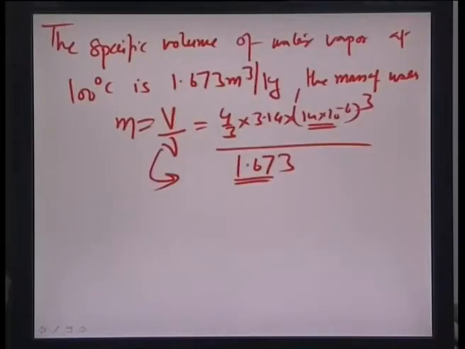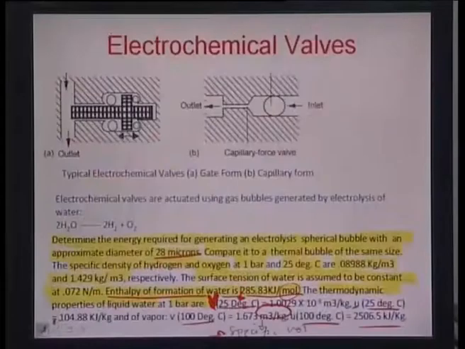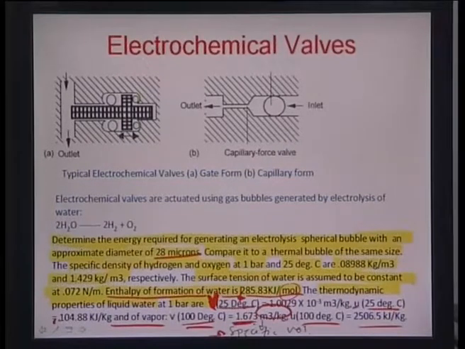This is essentially the specific volume of water vapor, which is given in the numerical example, the question at the very beginning. As you see here, specific volume of the water vapor at 100 degrees Celsius is given to be 1.673 meter cube per kg.